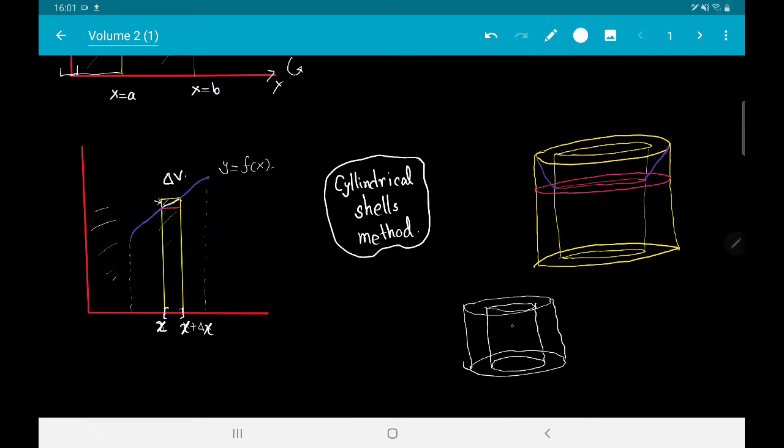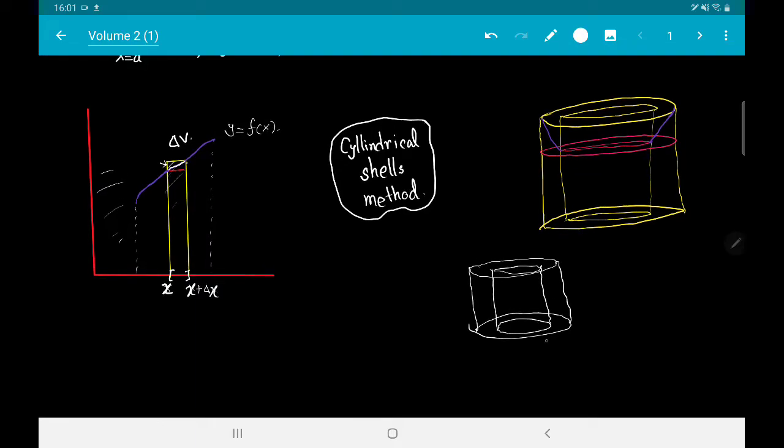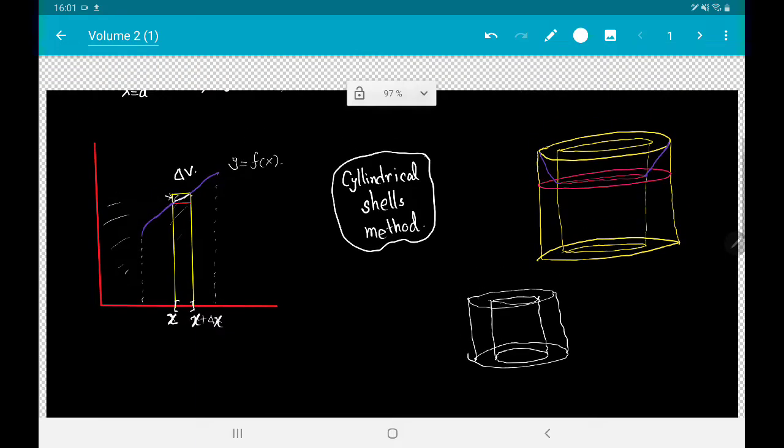So this is caught between these two cylinders that we have got. And how do we compute the volume of this kind of hollow cylinder, we are going to see just in a moment.